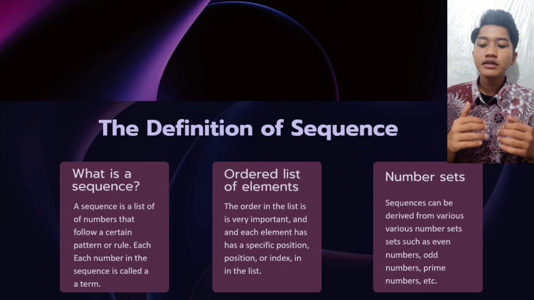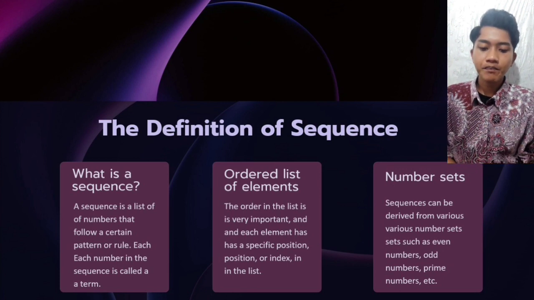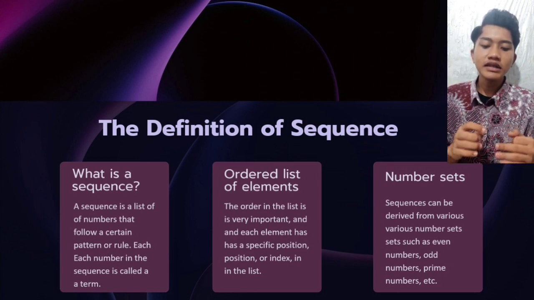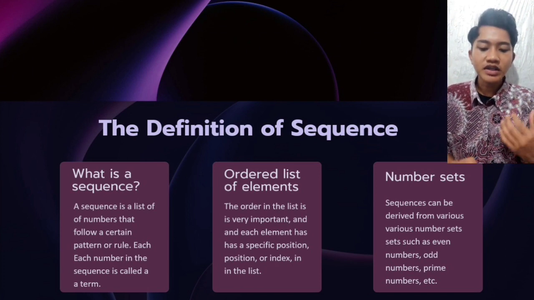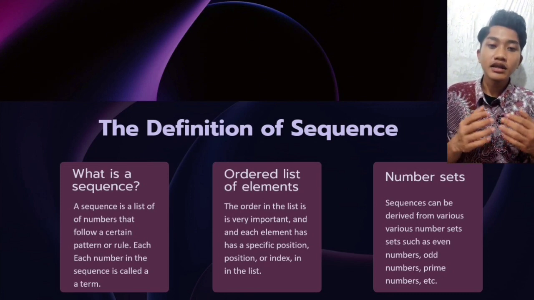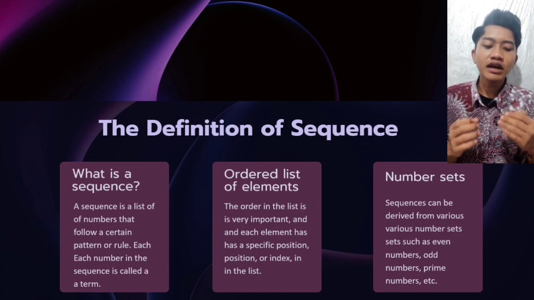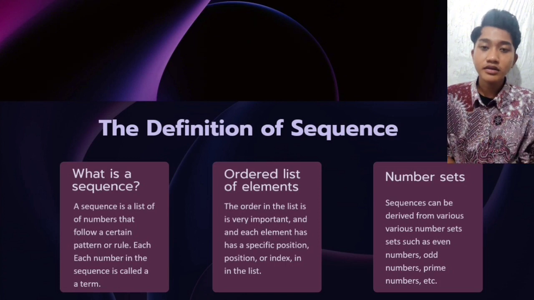Each number in the sequence is called a term. It is an ordered list of elements. The order in the list is very important, and each element has a specific position or index in the list. Number sequences can be derived from various number sets such as even numbers, odd numbers, prime numbers, and so on.